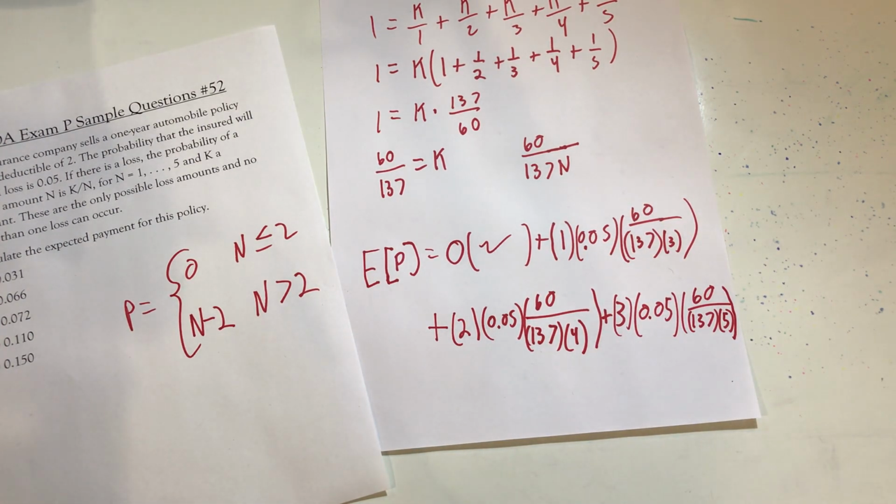And like I said before, you're going to have to give me just a quick moment to actually compute all of these terms. So 0.05 multiplied by the 60 over 137 and then times the 3. Okay.